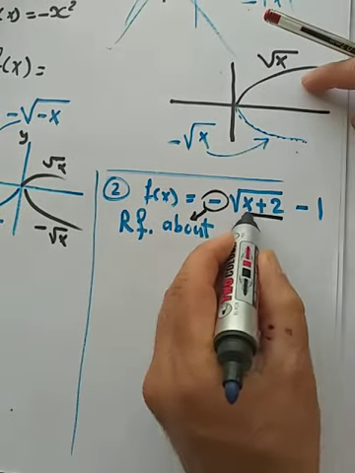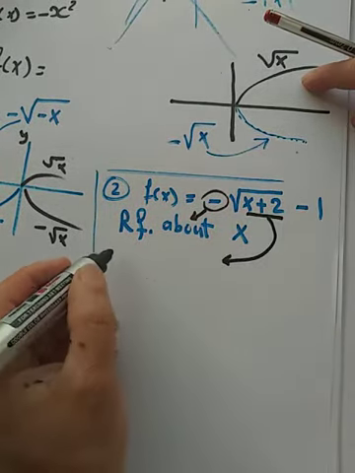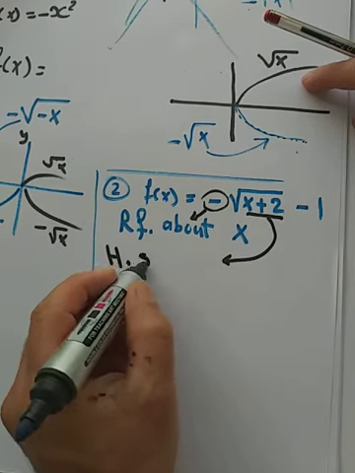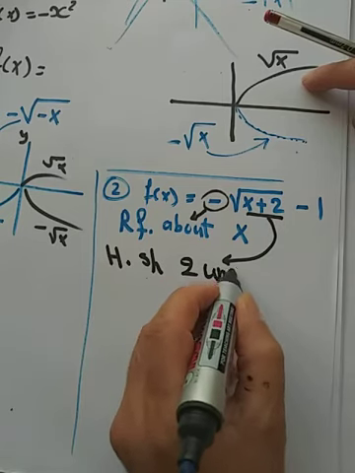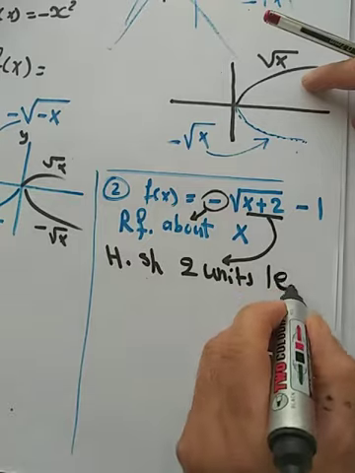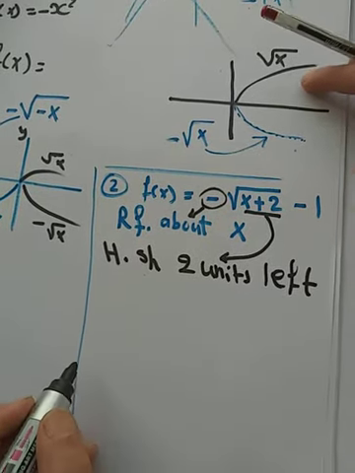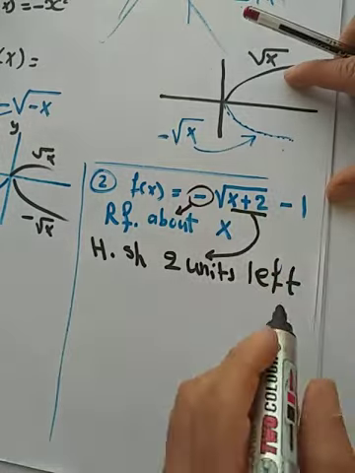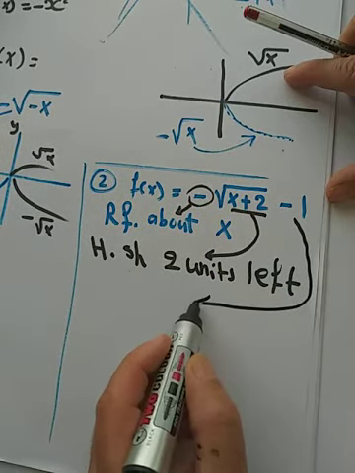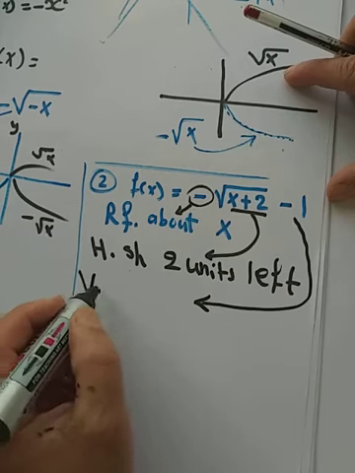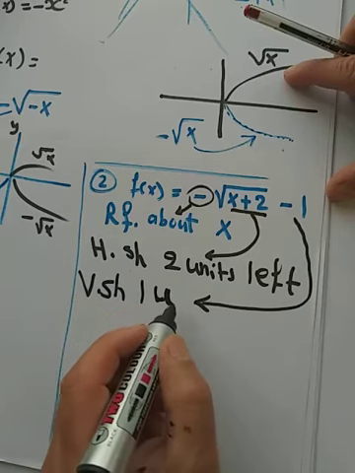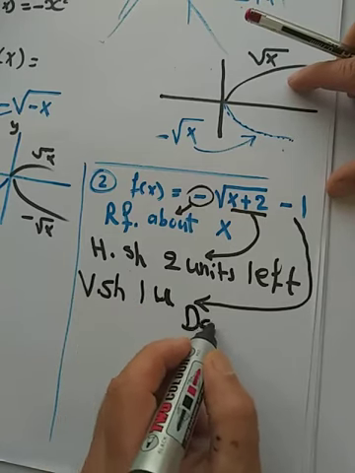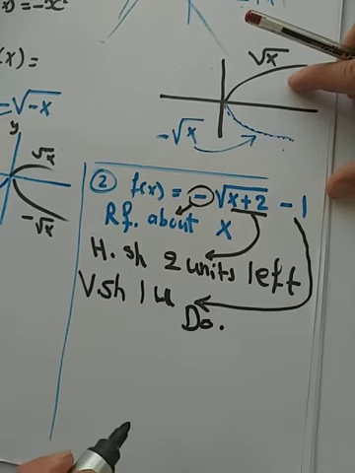And this plus 2, a horizontal shift 2 units left. And this minus 1, a vertical shift 1 unit down. This is the description.